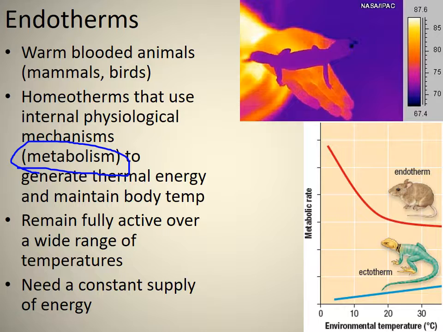And we also need a constant supply of energy. Remember that molecule glucose. We always are in a need of glucose in order to perform cellular function. This is the first section of the slides that I'd like to discuss. Again, it's thermoregulation. We will talk about osmoregulation.